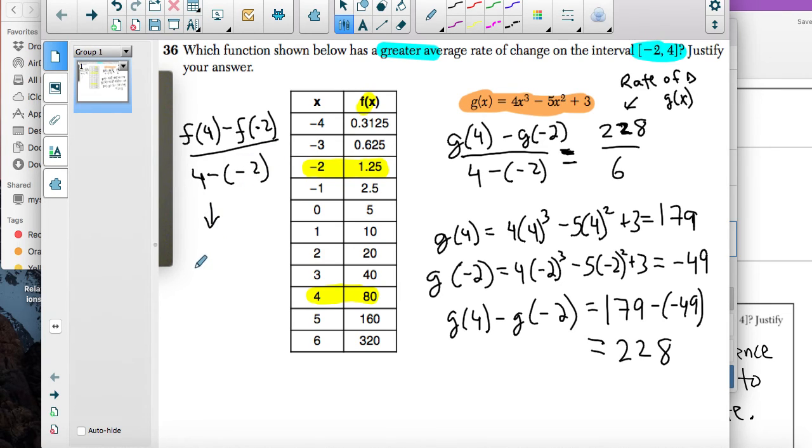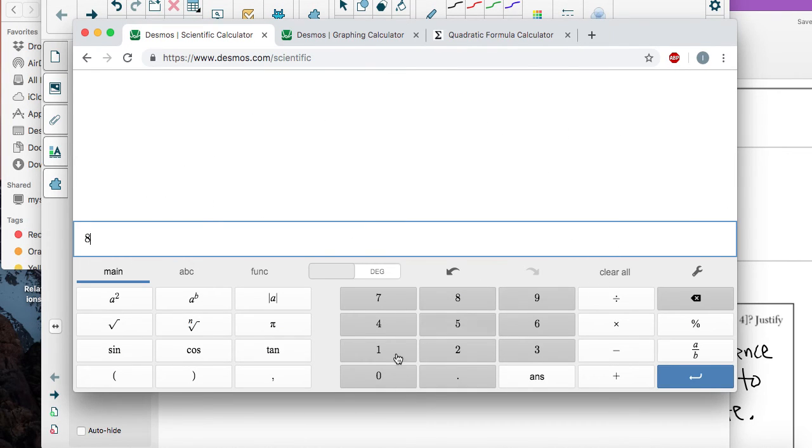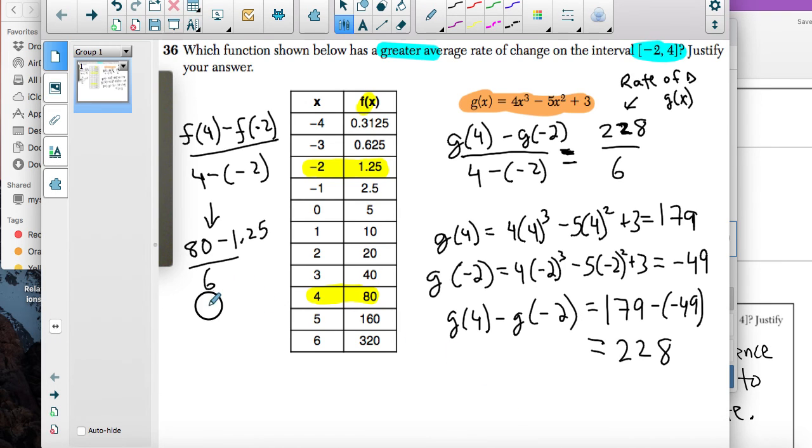The denominator becomes 6, because that's 4 plus 2. F of 4 is 80 minus 1.25. What's 80 minus 1.25? It's 78.75 over 6.